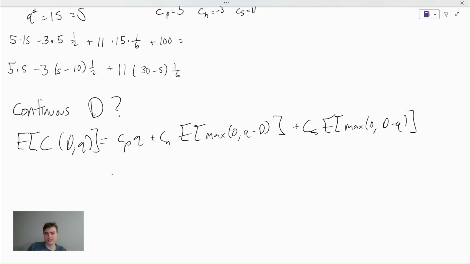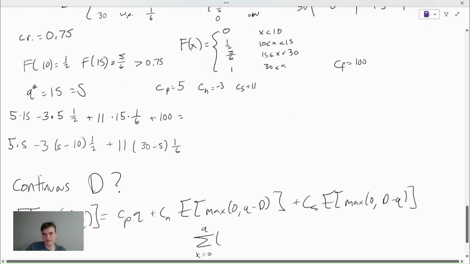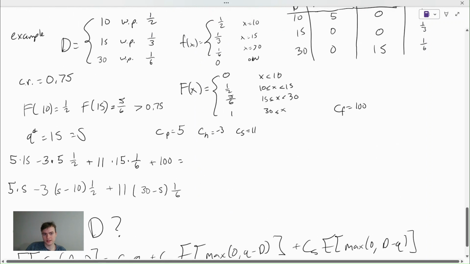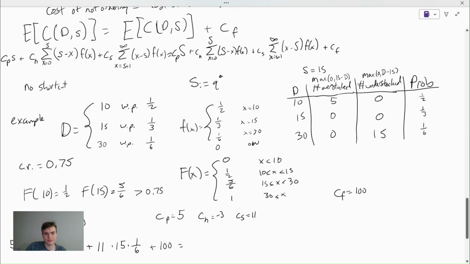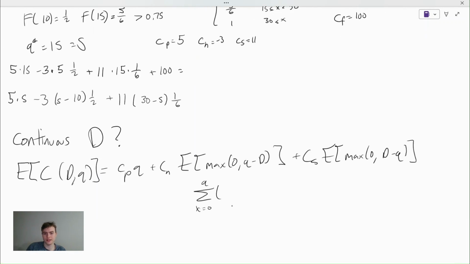But in the discrete case, we said this expected value came out to the summation from x equals 0 to Q of Q minus x, f of x.